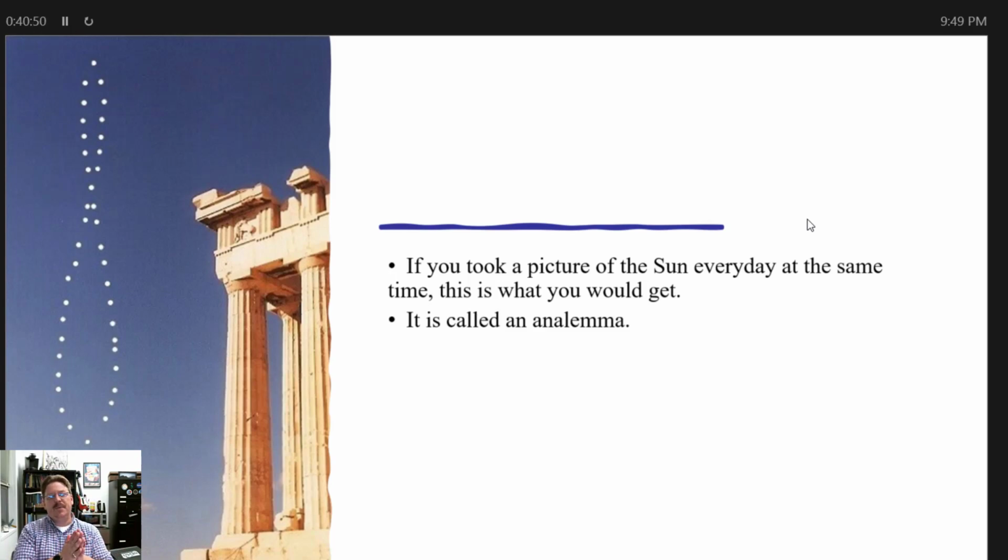So when you take a picture of the Sun at exactly the same time every day, and you mark out where that position is, that is referred to as the solar analemma. It looks like a weird figure 8.